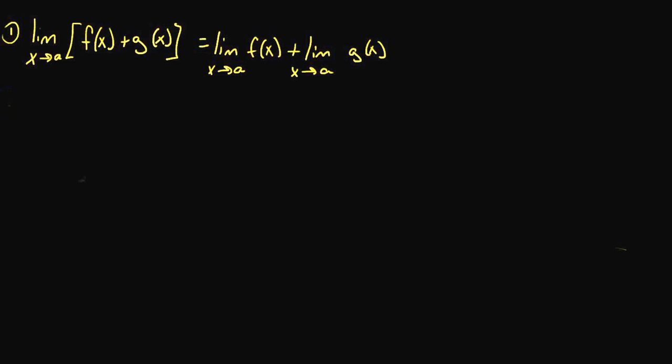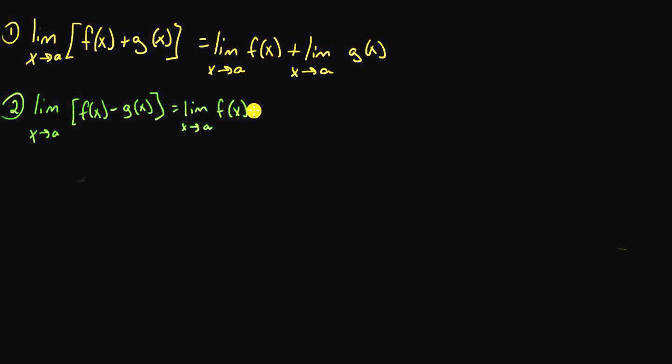Let's go to number 2. The next one is like the same thing. If we take f of x and we subtract g of x, so we take the difference of two functions, take a guess of what we're going to get. Please don't get this wrong, because it's the same thing as what we already have.